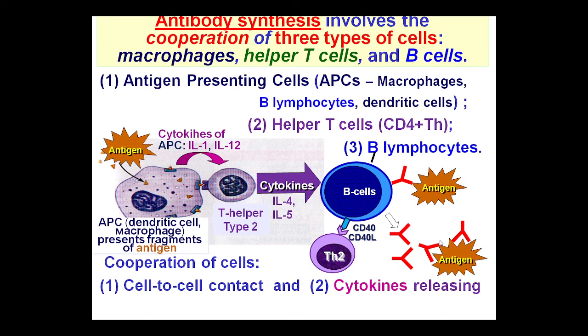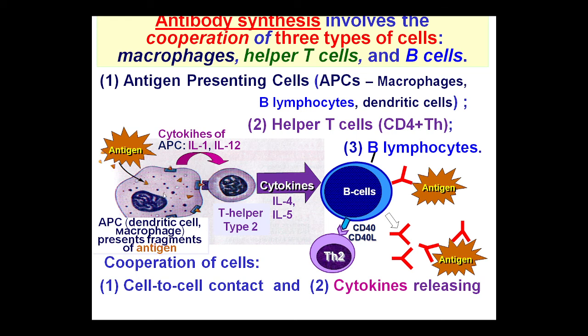And very quickly, let's repeat what is happening in the process of the humoral immune response development and cellular immune response development. For repeating, antibody synthesis is based on the interaction of at least 3 types of cells: antigen-presenting cells, helper cells, and B lymphocytes.